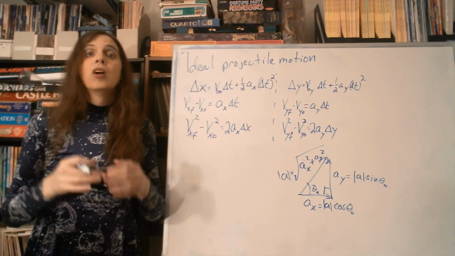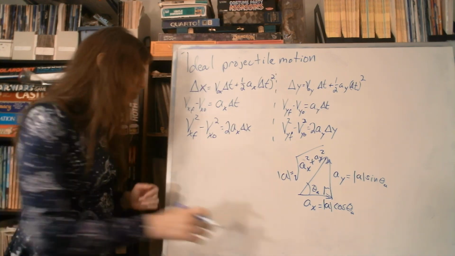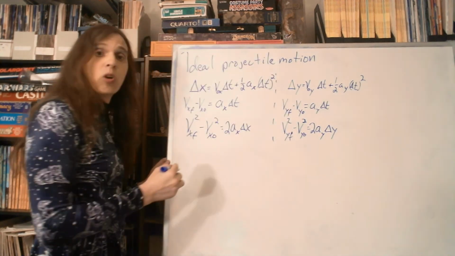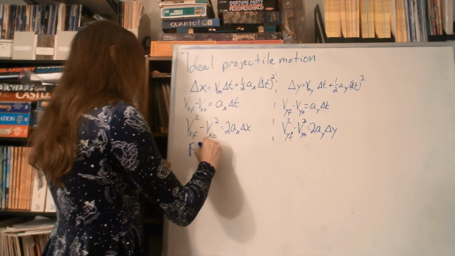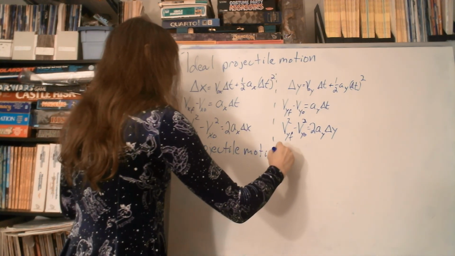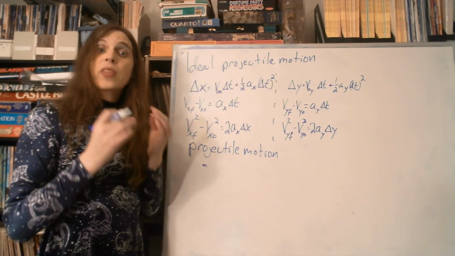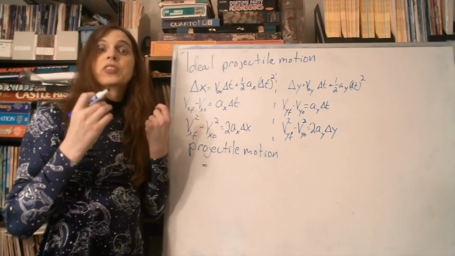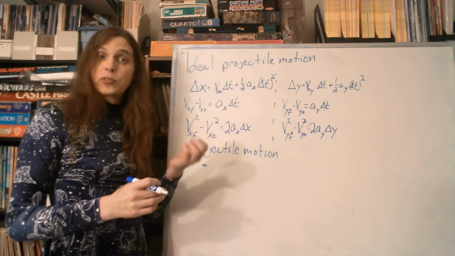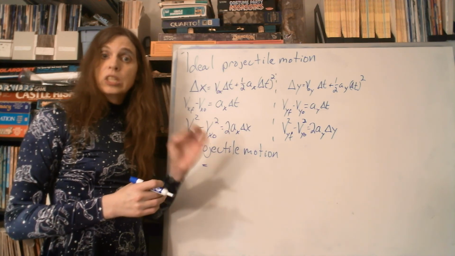We need to understand what this term means. In general, when we talk about projectile motion, we mean that the only force that's non-negligible, the only significant force, the only force that matters as far as how precise your predictions are, is gravity.